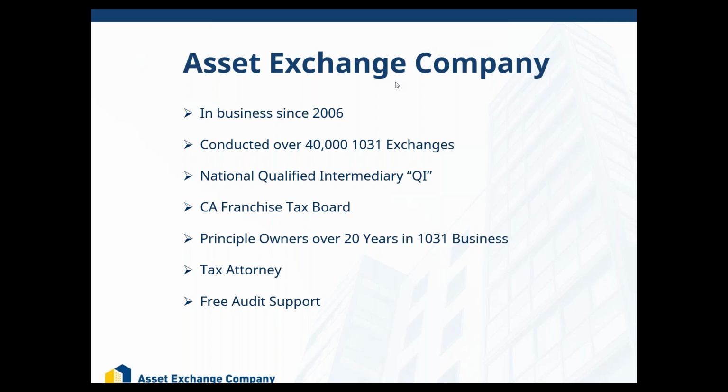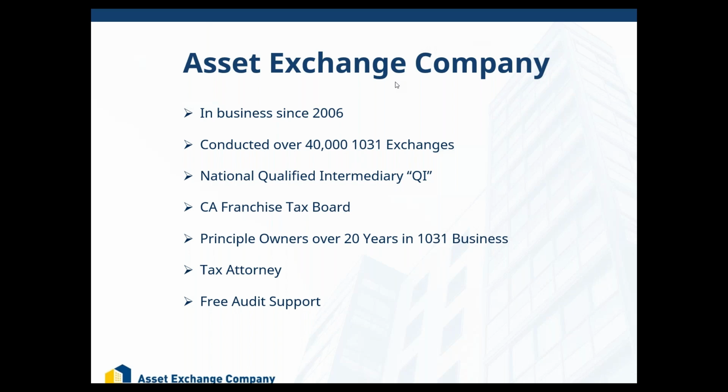They do require us to carry minimums for the E&O insurance we have and minimums for the bond that we carry. We're subject to audit by that Franchise Tax Board. There are guidelines on the financial institutions where we hold the proceeds, and on the type of funds we hold the proceeds in, which is great for anybody that deals with us in California.